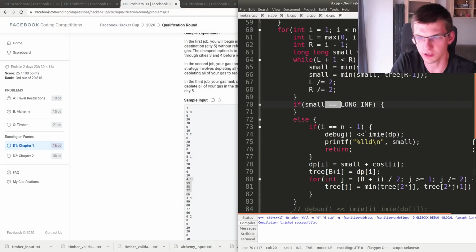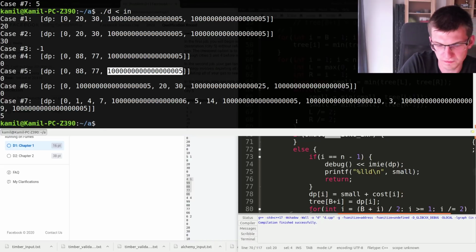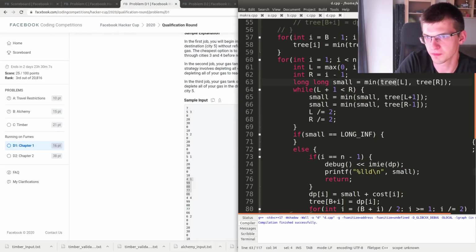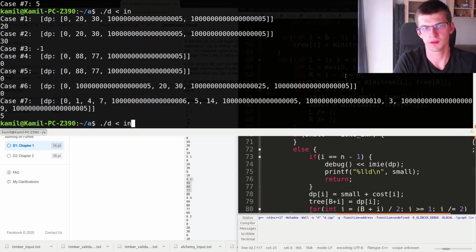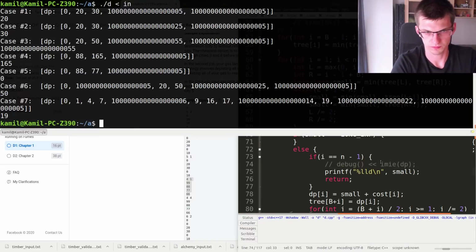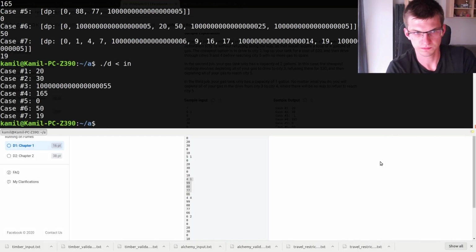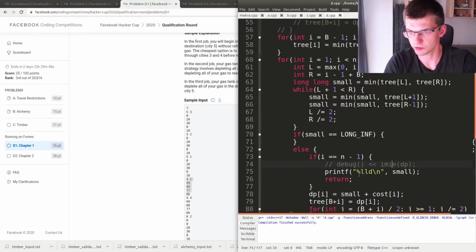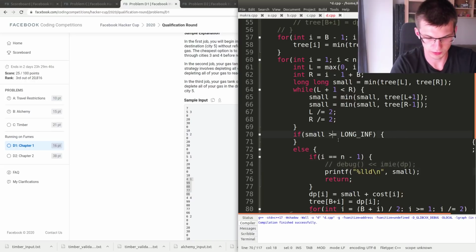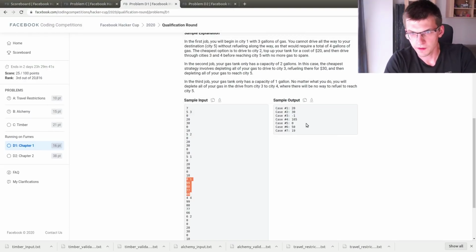So small here is not equal to long inf. Oh, plus B. Correct, and when this is greater or equal, should be good.